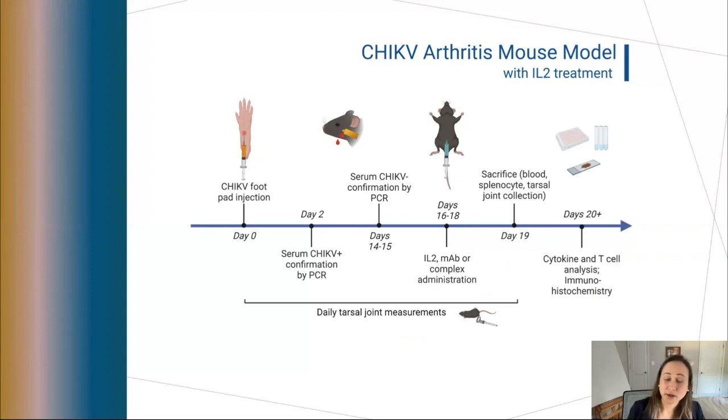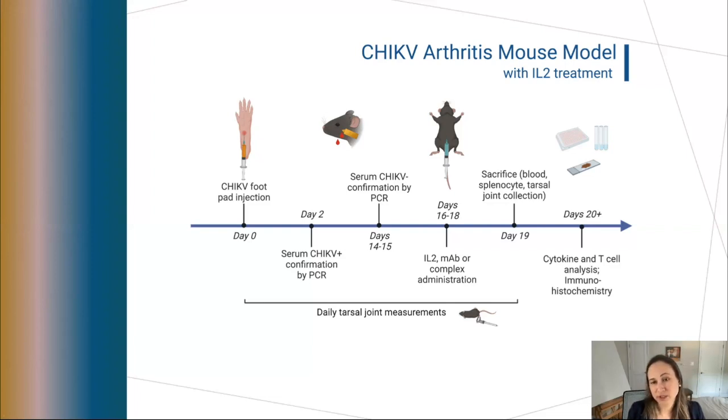So then we did an arthritis mouse model. And in order to do this mouse model, we inject mice in the foot pad with chikungunya virus. We confirmed that they developed chikungunya virus by PCR. And then we wait until they're no longer PCR positive, meaning in order to recapitulate the natural infection in humans, as the patients are, when they have arthritis, are oftentimes PCR negative.